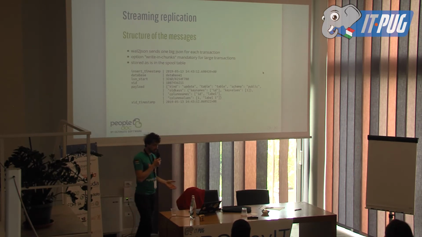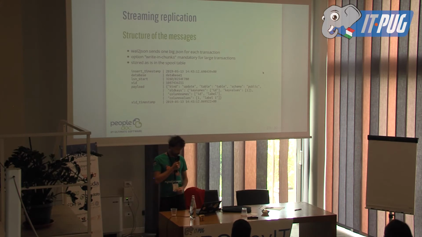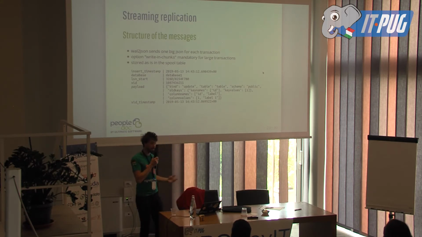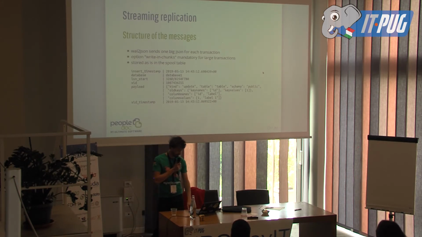The end result is a pool table in which we store the payload as generated by wal2json, as well as a bunch of metadata. This metadata allows us to keep track of the source database, the original commit timestamp, and when the row was inserted.